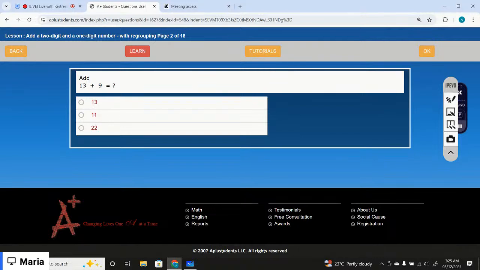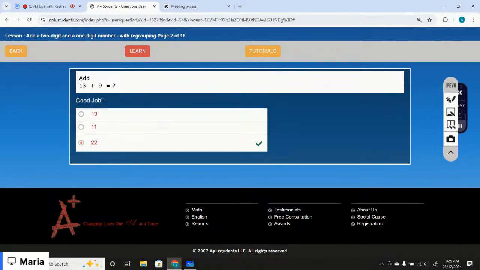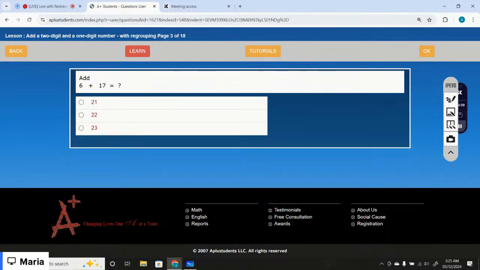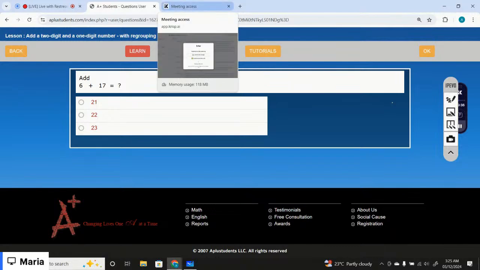That is 22. 17 plus 6, which is the correct option?